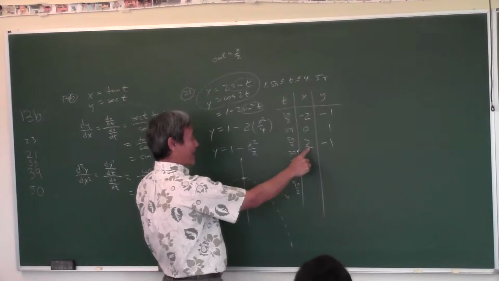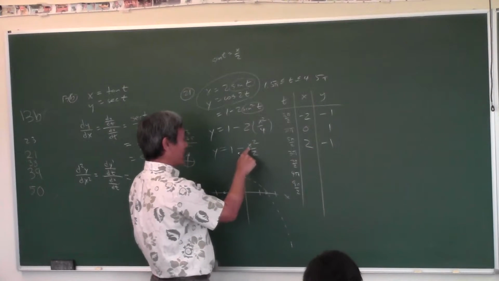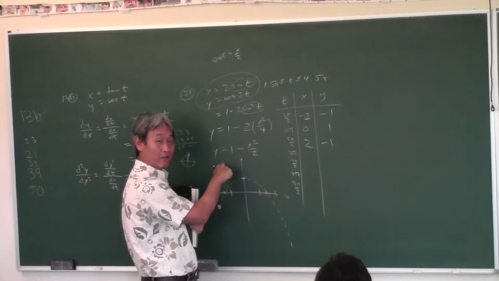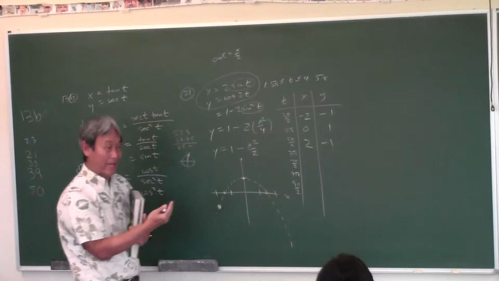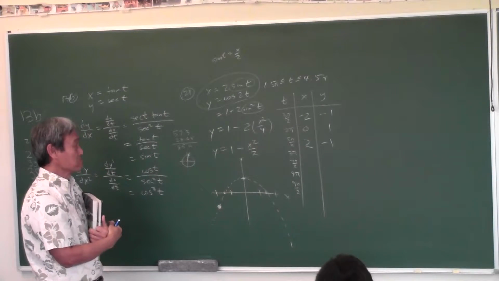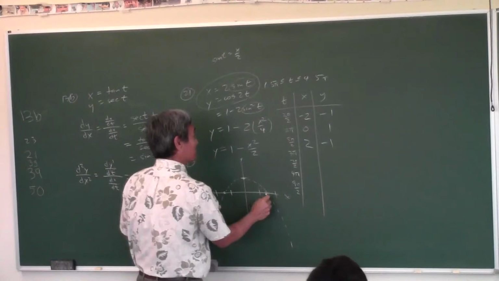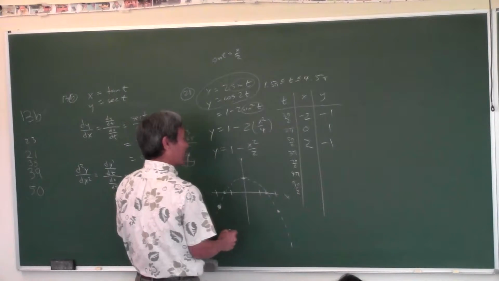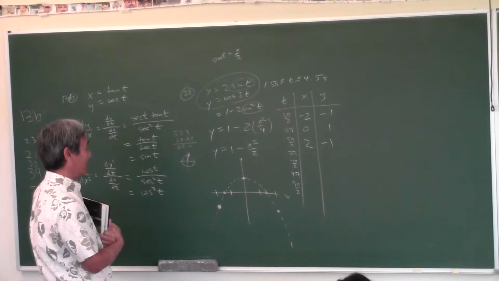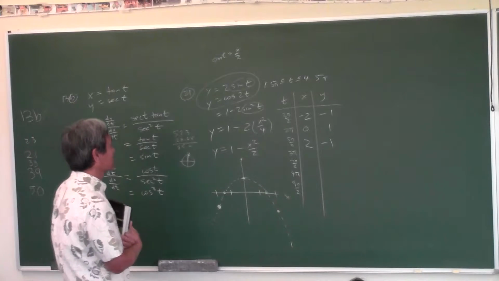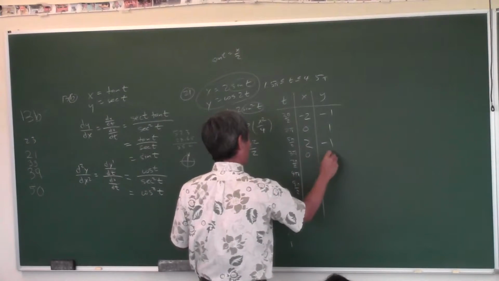Why not, once you find the x coordinate, just plug the x coordinate into the equation to get the y coordinate? Because these equations are all related. So 2, -1. Then at 3 pi, it's 0, 1.